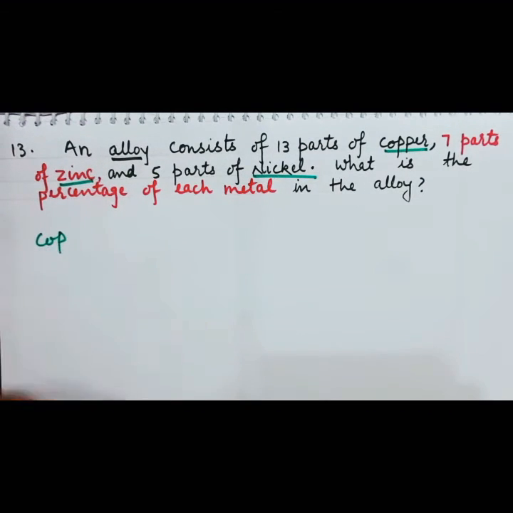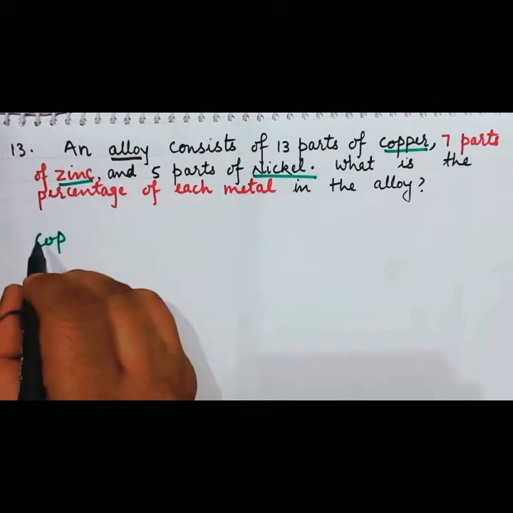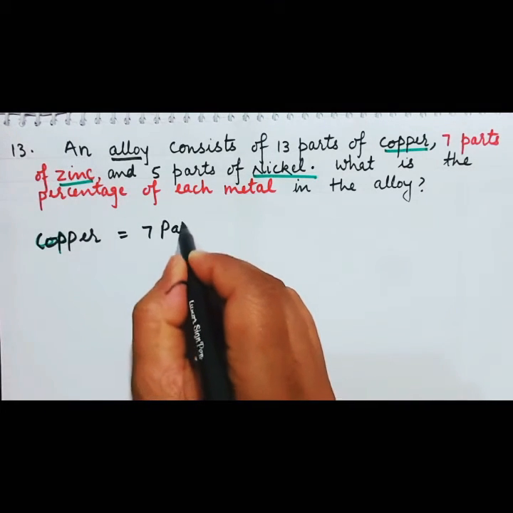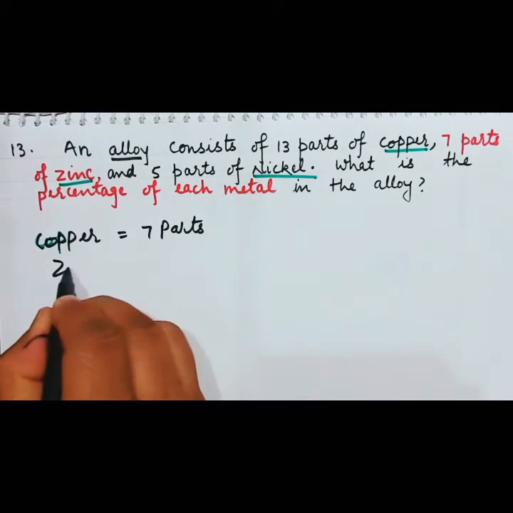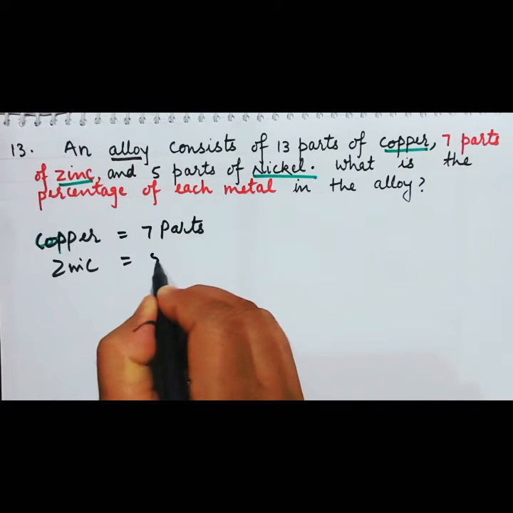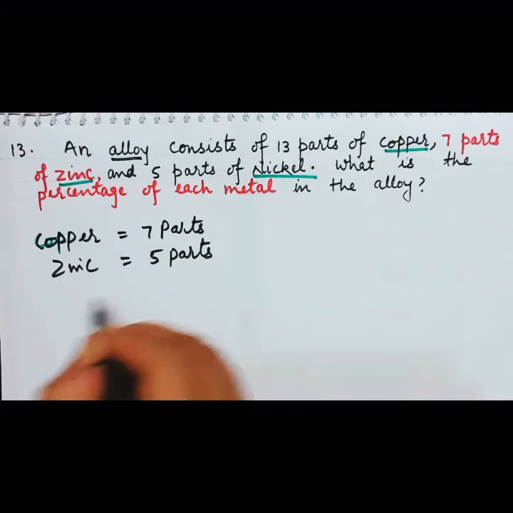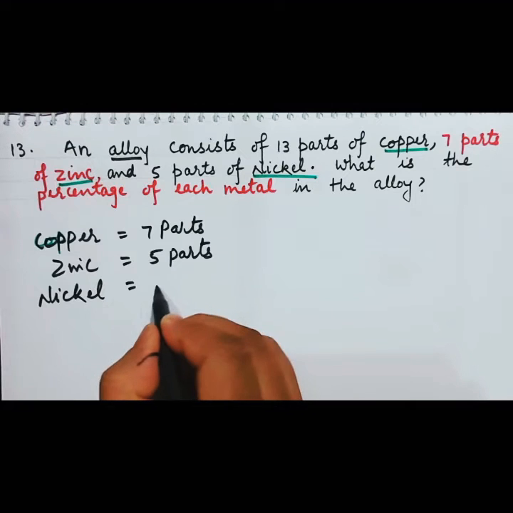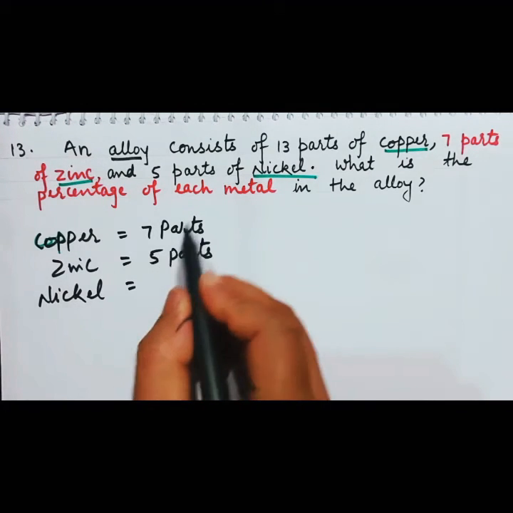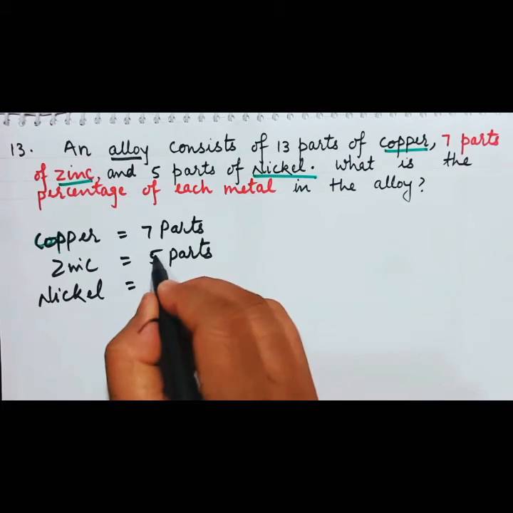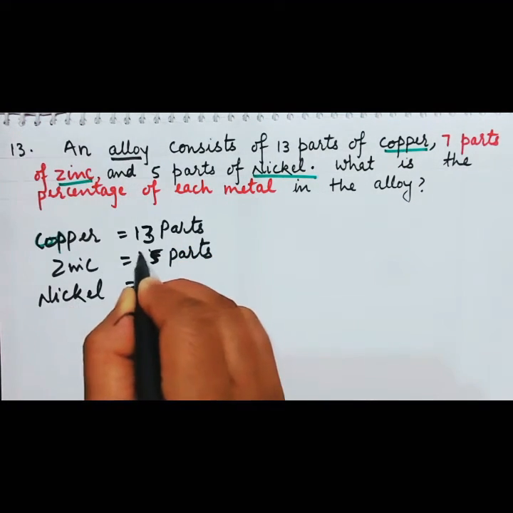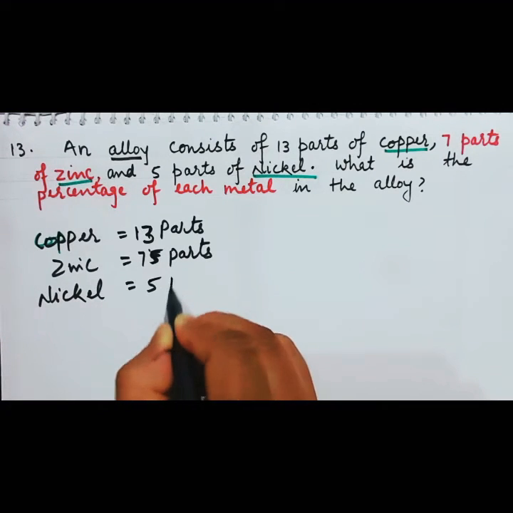Copper, I would better write with black so that it's easily visible. Copper is 13 parts. Zinc is 7 parts, and nickel is 5 parts.